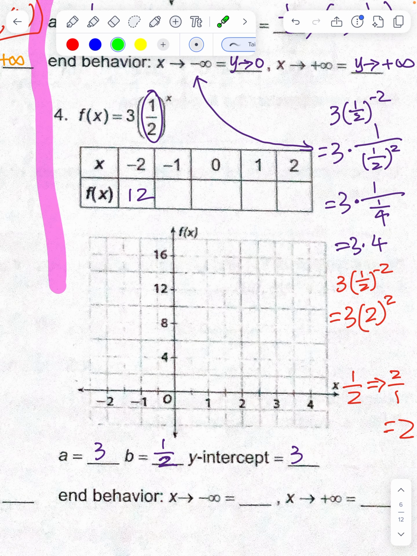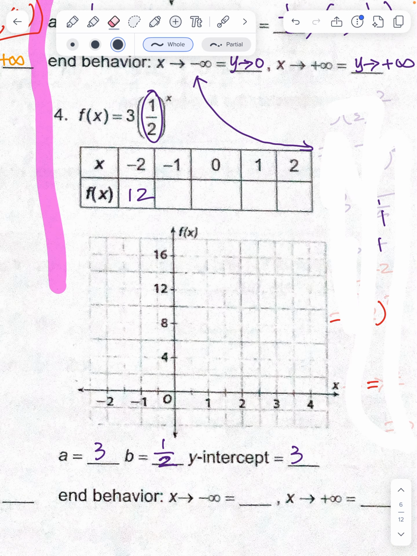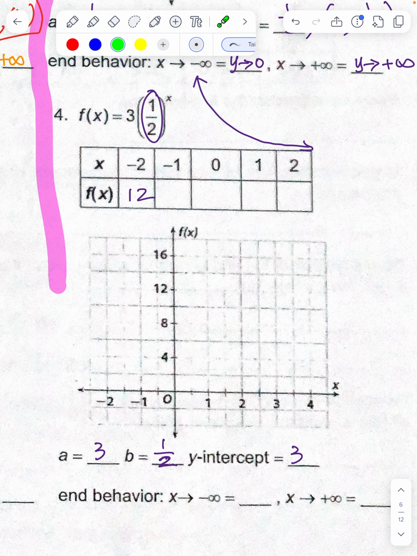Now let's do the second point, x equal to -1. So 3 times 1 over 2 raised to the power of -1. I'm going to change the power to positive, so I flip the fraction. 1 over 2 becomes 2.